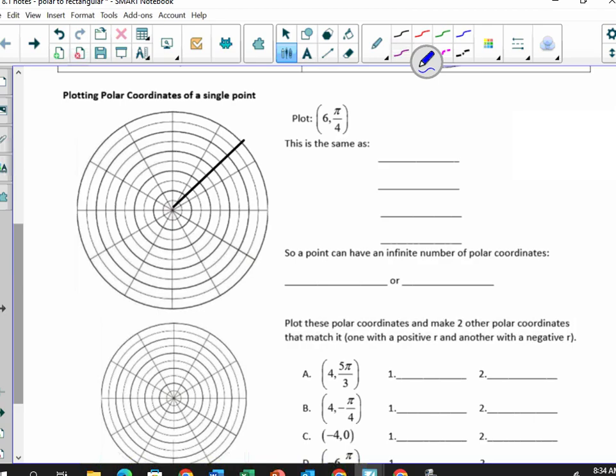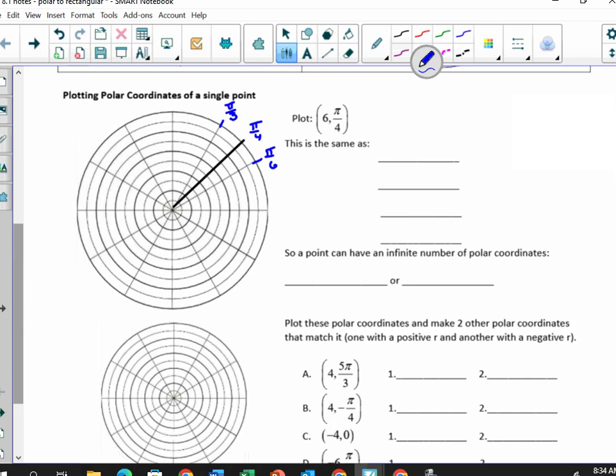All right, guys, we are going to practice plotting a point. I drew in the line where pi over 4 would be. Do you guys see where it's going to be? Like this is pi over 6. So draw in your pi over 4 line. Try to plot 6, 6 pi over 4.